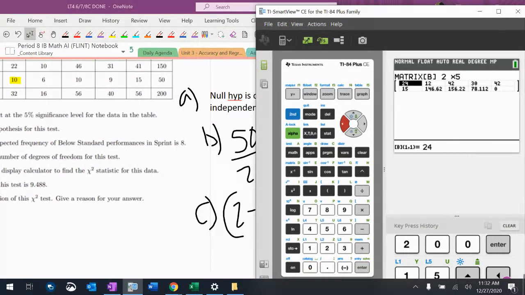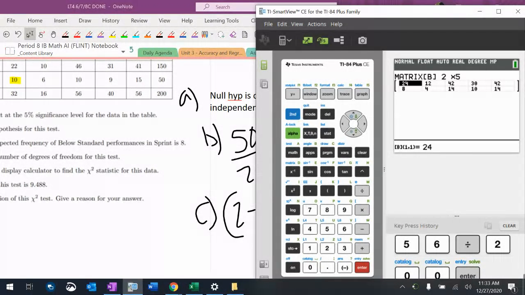Not 150, we are just 50 now. 50 times 32 divided by 200. 50 times 16 divided by 200. 50 times 56 divided by 200. 50 times 40 divided by 200. 50 times 56 divided by 200. Okay, so there's that. You have to be careful. There's 10 of them. That takes a little while.